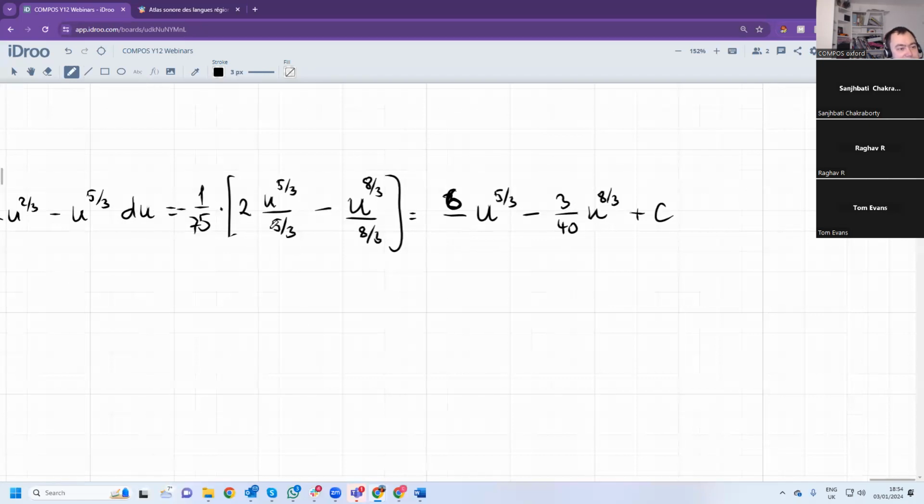But the 3 cancels, 25 times 5 is 125, so it's 2 divided by 125 with a minus, and then plus 1 over 8 times 25. 8 times 25 is 200.